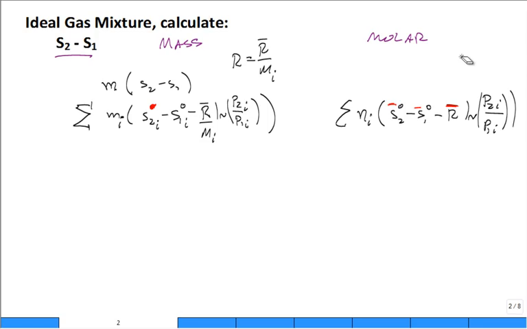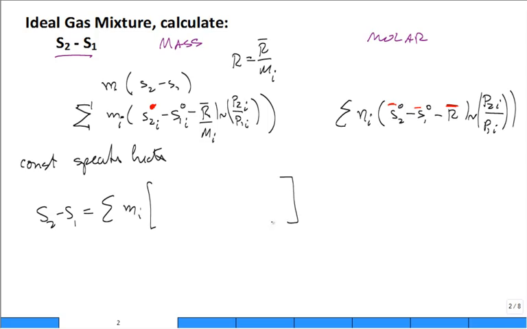All right. Let's say somebody says constant specific heats. All right, how do I change the equation? Well, then the cap S2 minus cap S1 is equal to the sum of the masses, and then I have this term right here. How do I translate from this S naught concept to constant specific heats?